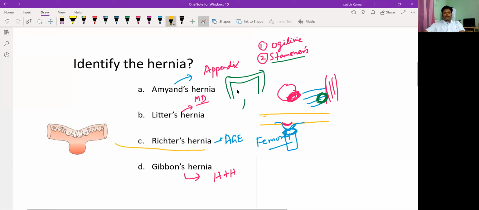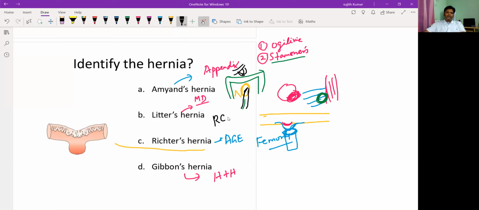This is the transverse colon, and this is the transverse mesocolon. You create an opening in the transverse mesocolon and take the jejunum through this window, and anastomose it with the posterior wall of the stomach. So this is called a retrocolic gastrojejunostomy.